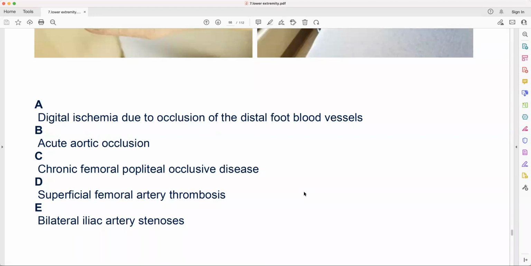Sometimes it works and the pain goes away. Some colleagues use lumbar sympathectomy, or you can put an epidural catheter to calm the pain for 3, 4, 5 days.